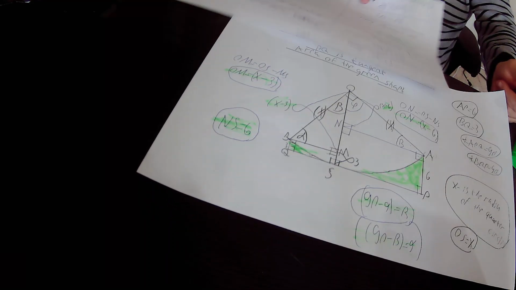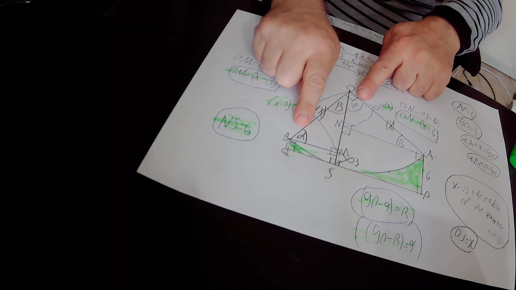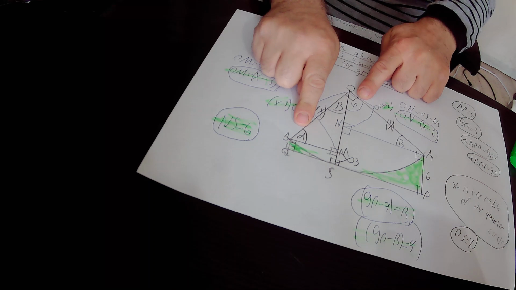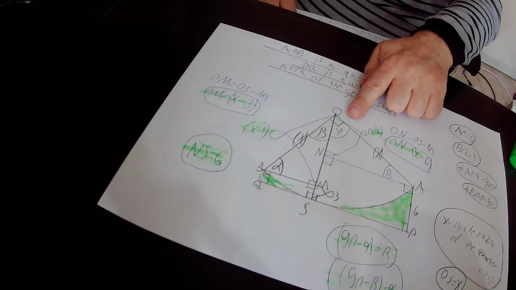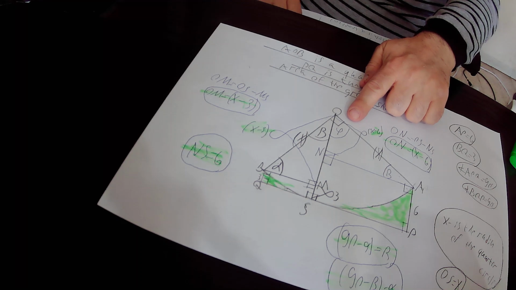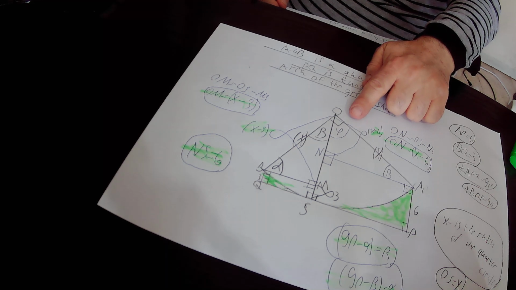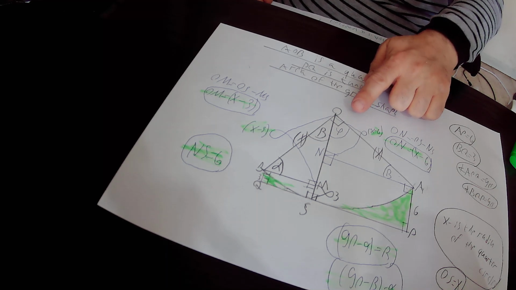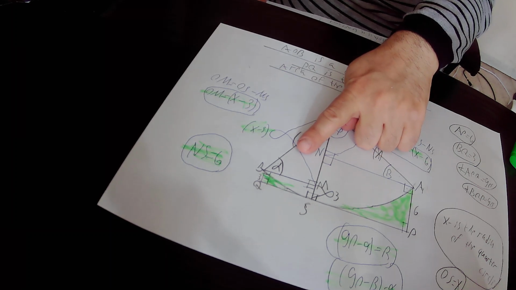In addition, those two angles, they are both equal to alpha, therefore they are equal to each other. So this is angle AON in the right triangle ONA, and it is equal to this angle, that is actually angle OBM in the right triangle OBM.